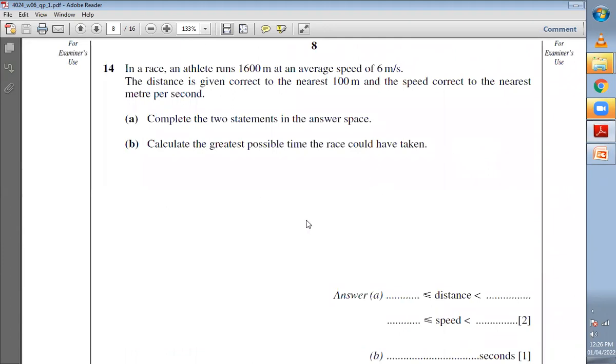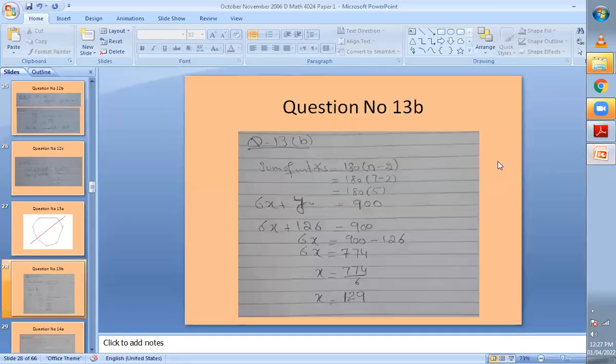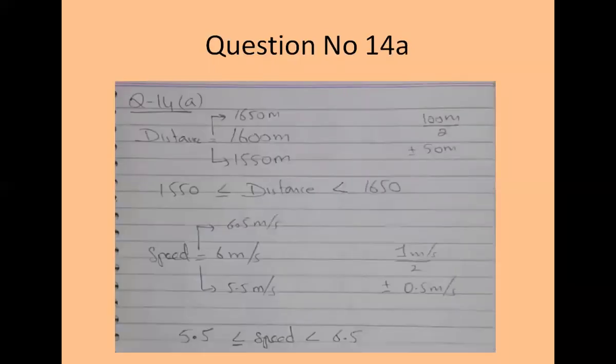In a race, an athlete runs 1600 meters at an average speed of 6 meters per second. The distance is given correct to the nearest 100 meters and the speed correct to the nearest meter per second. Complete the 2 statements in the answer. So you have to write the upper and lower bound of the distance. The 1600 meter distance is correct to the nearest 100 meters.